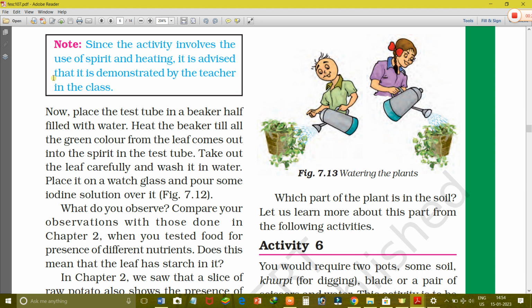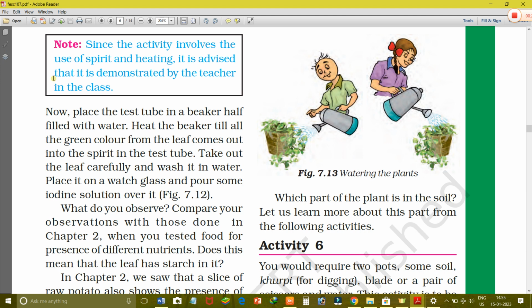Place it on a watch glass and pour some iodine solution over it. What do you observe? Compare your observation with those done in chapter 2 when you tested food for presence of different nutrients.